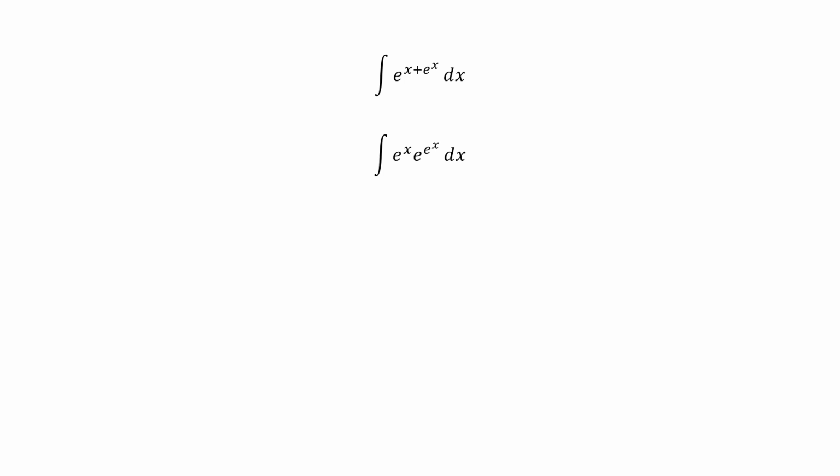We now let u equals e to the x. Our differential is then du equals e to the x dx. Substituting into the integral, we obtain the integral of e to the u du.